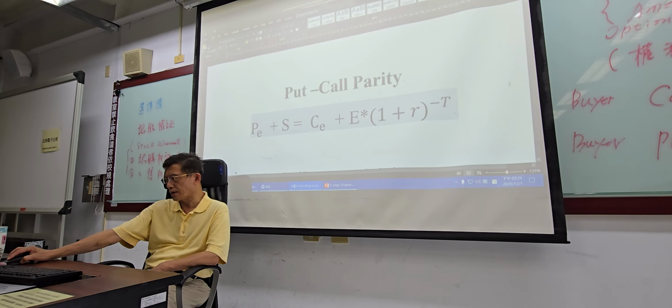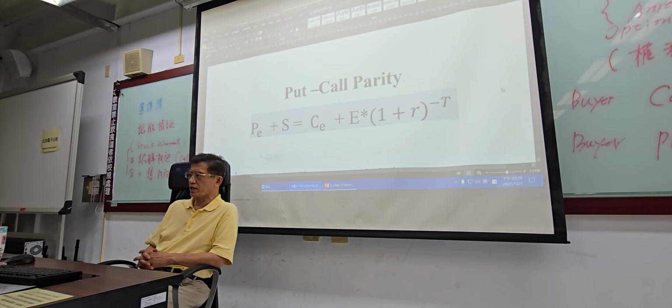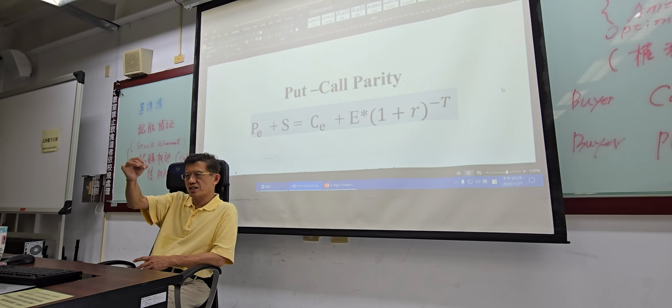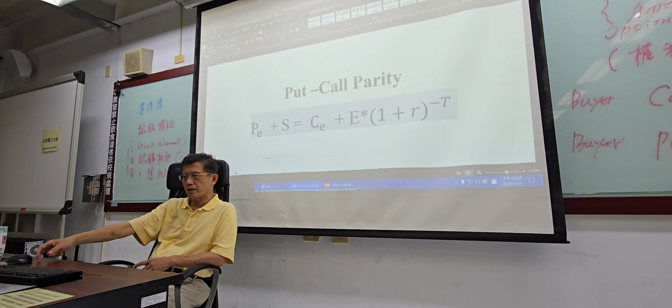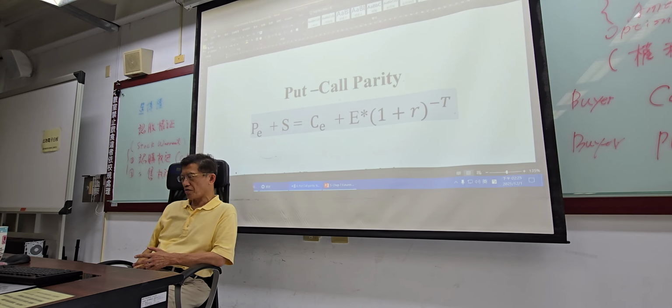And our put-call parity is this equality relationship. Every time you see a mathematical formula, that is an equality between the left side and the right side of the formula, their relations are very, very strict. Okay, very strict.